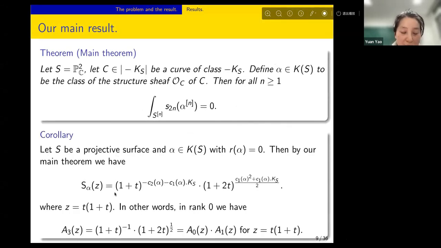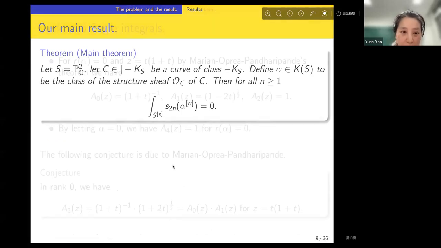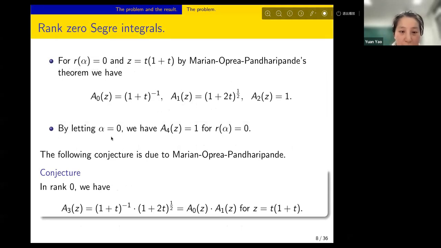So just put everything together. Now the A3 is the only term we don't know for rank 0, right? So we have A0, A1, A2 by the Marian-Oprea-Pandharipande theorem, letting rank be 0. And we get A4 by letting alpha be 0. So it's easy.